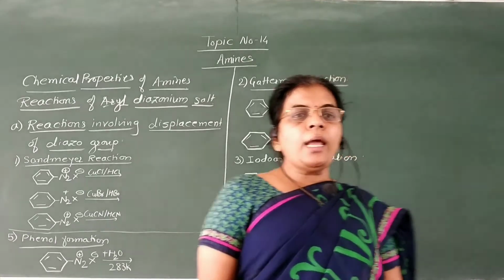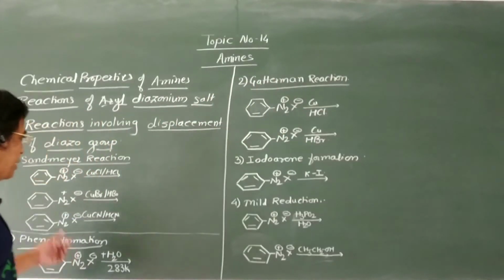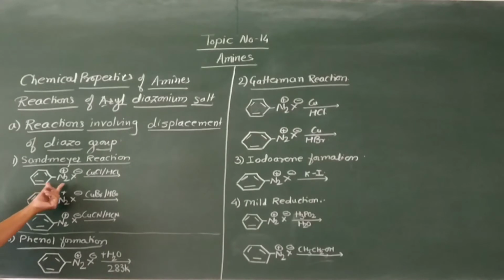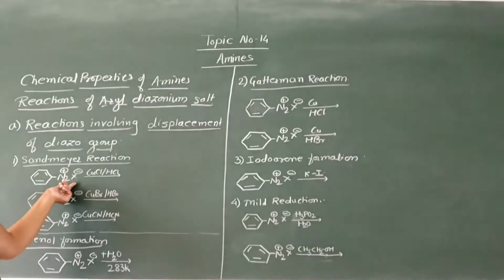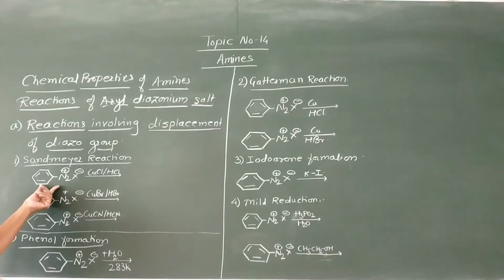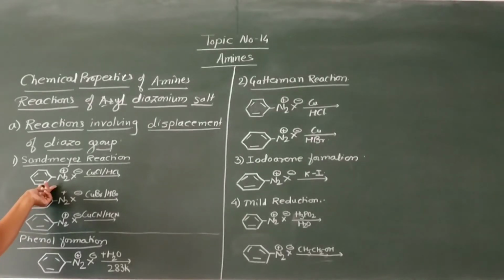Now this aryl diazonium salt, or this C6H5N2X, undergoes various types of nucleophilic substitution reaction with various types of nucleophile to give various types of product. Therefore, this is a good intermediate to produce a variety of chemicals.